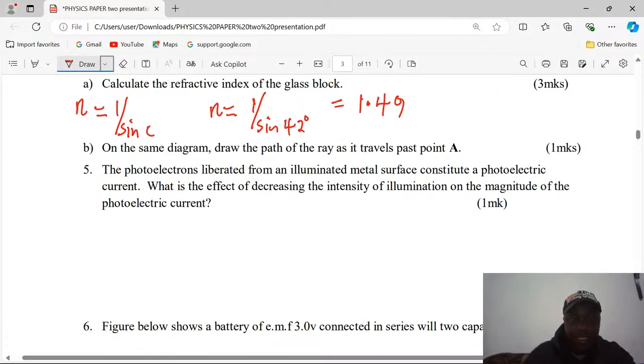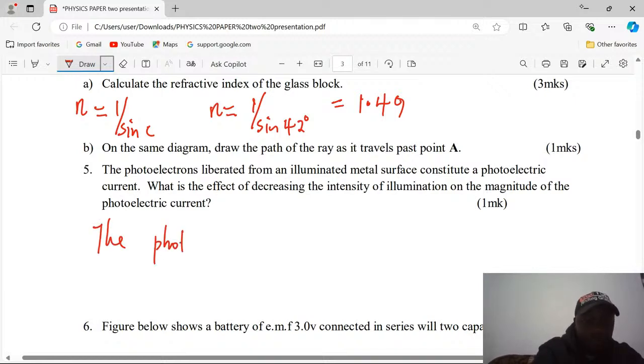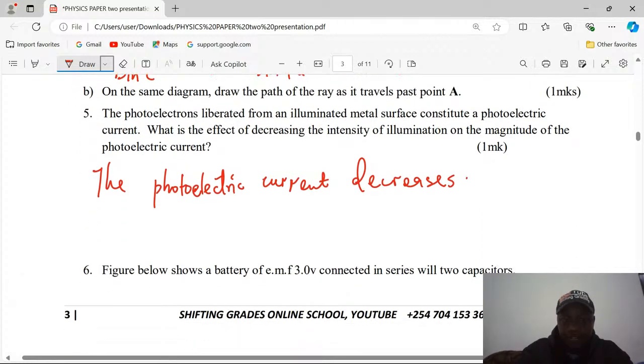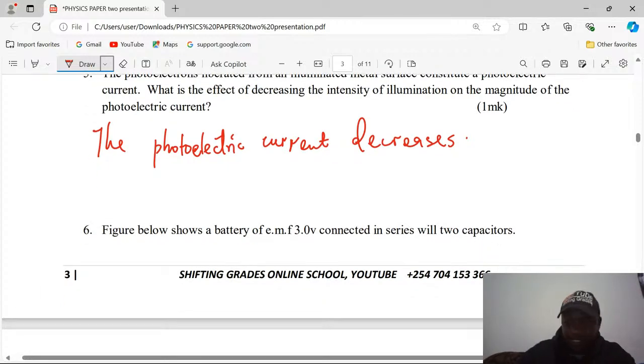So we are saying that the photoelectric current decreases, because definitely the rate of the photoelectric effect also decreases.